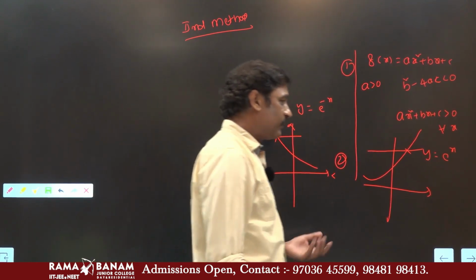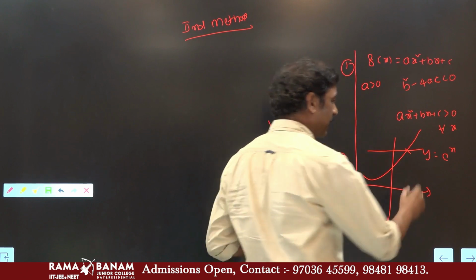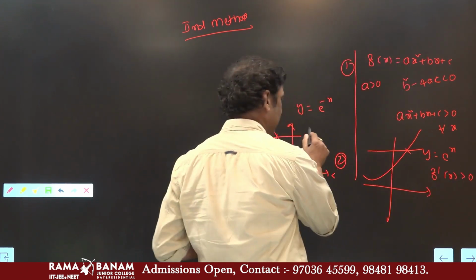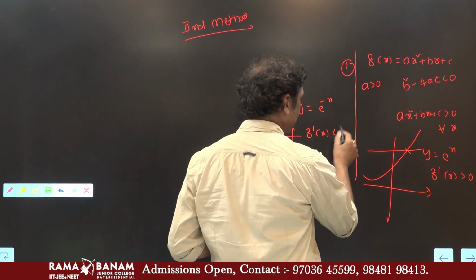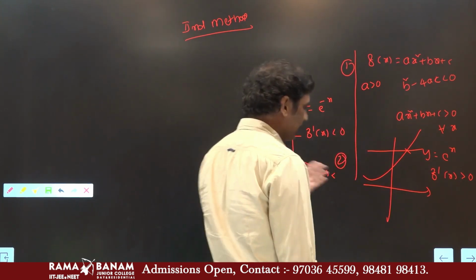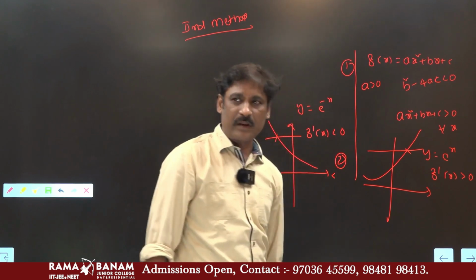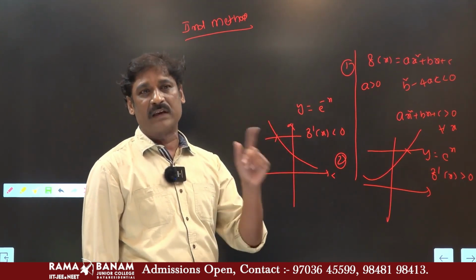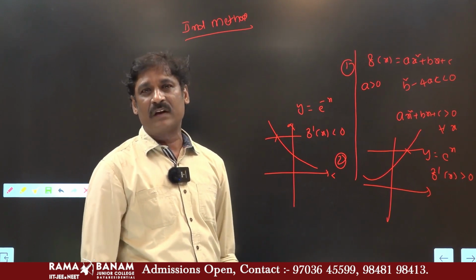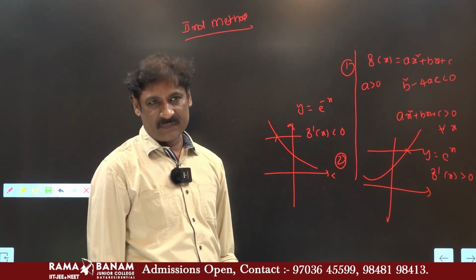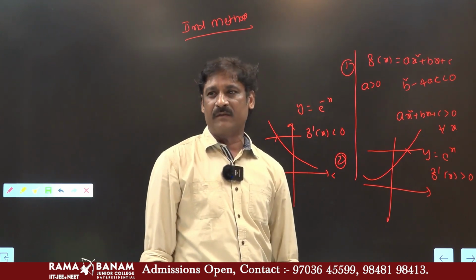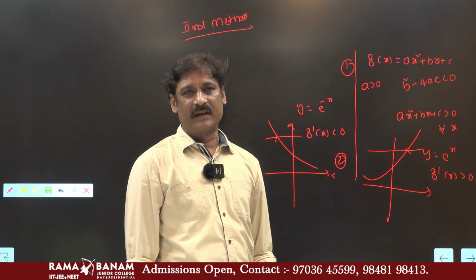So, what is the condition for a 1-1 function? Here f dash of x is greater than 0 for a strictly increasing function. Here f dash of x is less than 0 for a strictly decreasing function, which is said to be a monotonic function. Monotonic function means either strictly increasing or strictly decreasing. So every monotonic function is a 1-1 function. This is one of the most important points for checking whether a function is 1-1 or not.